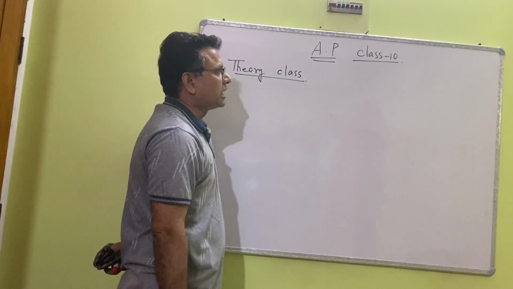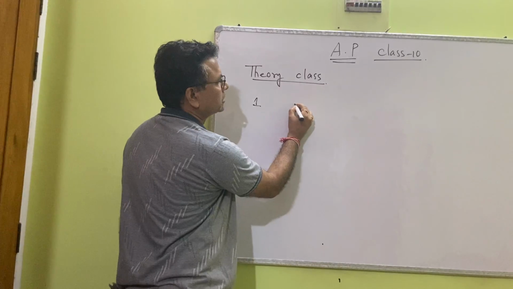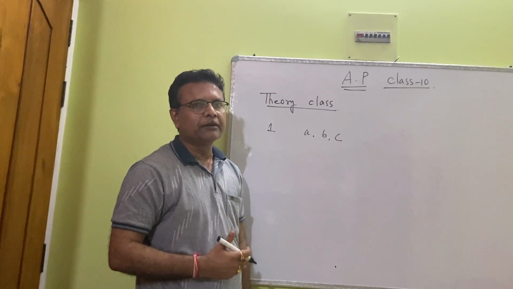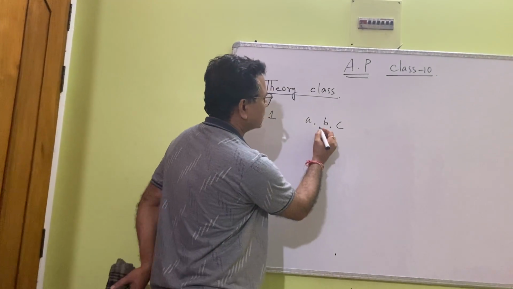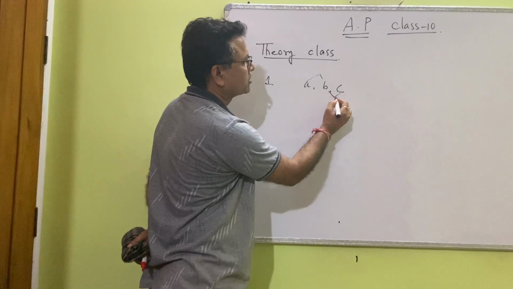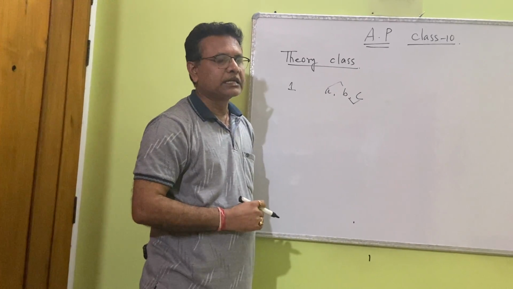AP, the full form is arithmetic progression. Point number 1: three numbers A, B and C will be in AP if the difference of two consecutive terms is constant.